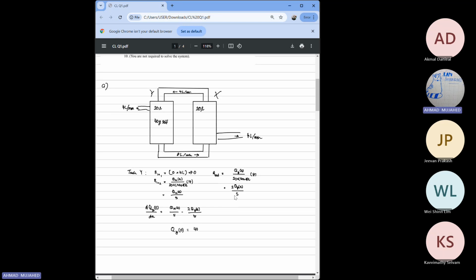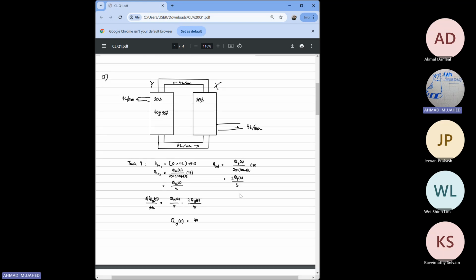And then for the Y tank to the X tank, the equation for Qy(t) divided by 20 plus 4 minus 8t times 8 gets 2Qy(t) per 5.